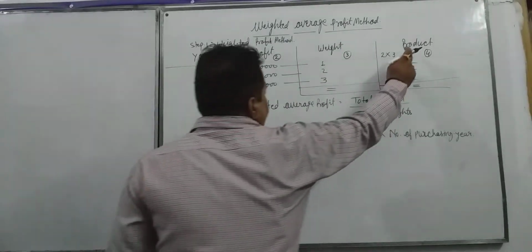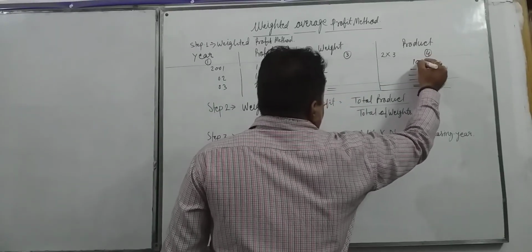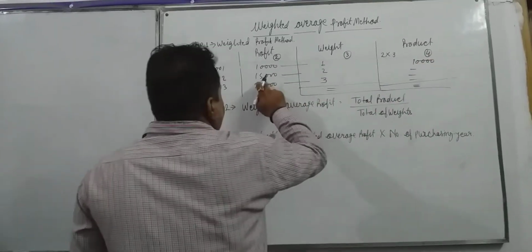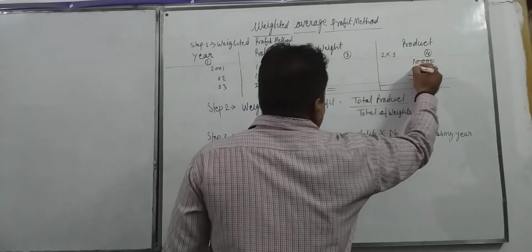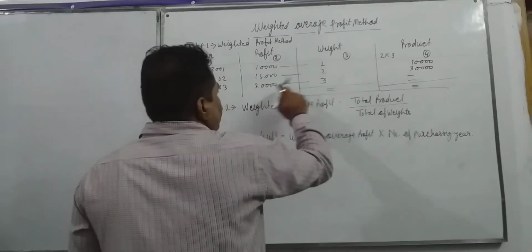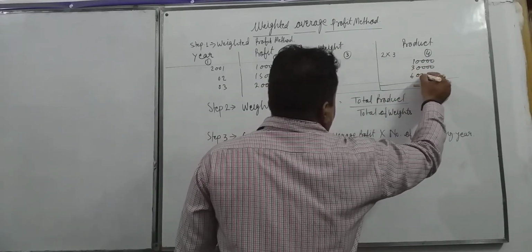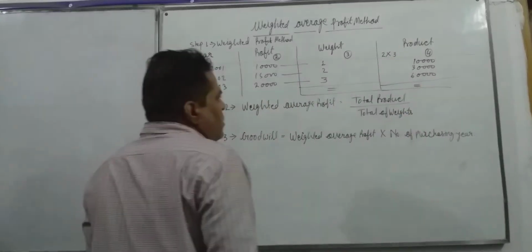So how will you find product? 10,000 into 1 you will find 10,000, 15,000 into 2 is 30,000, 20,000 into 3 is 60,000. Okay, now find the sum.